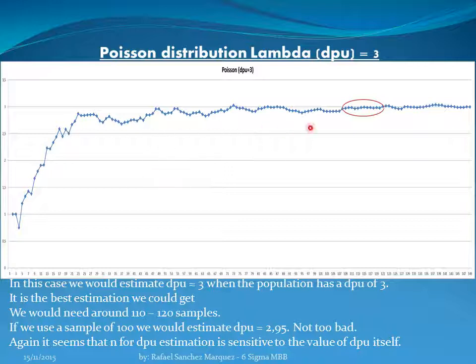But the real value of this method, again, is that we have the certainty, or almost the certainty, that we can stop when we have a quite good estimation. And we can show everybody how it works and why we have stopped taking more samples.